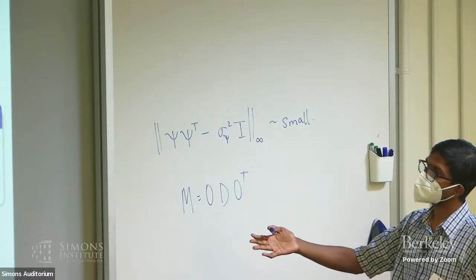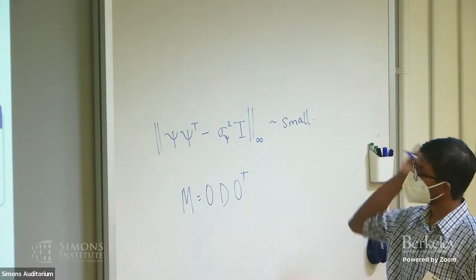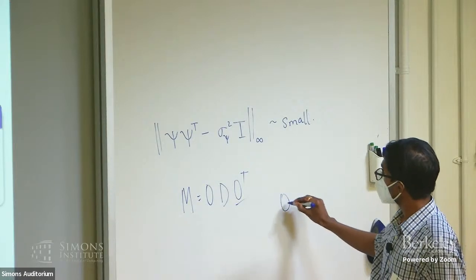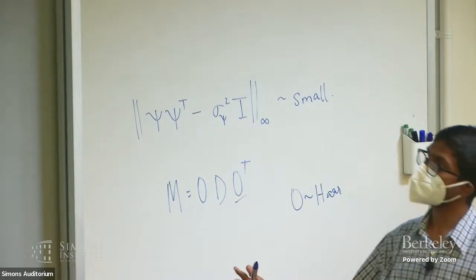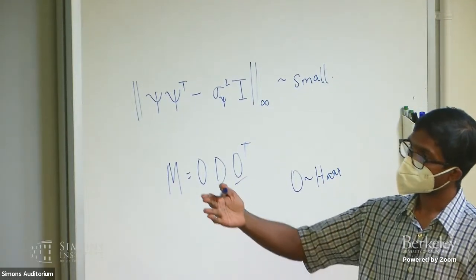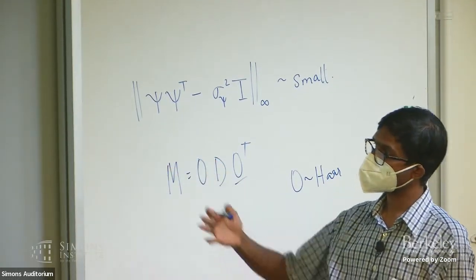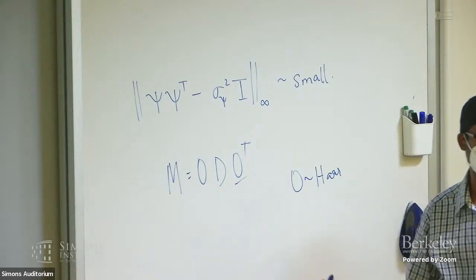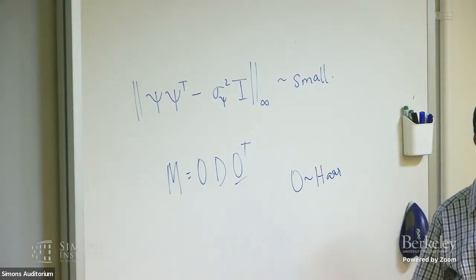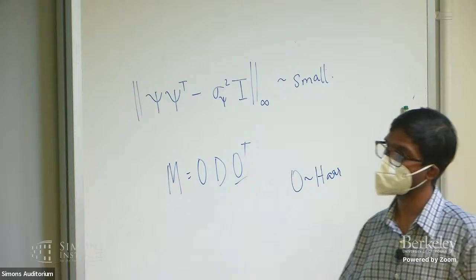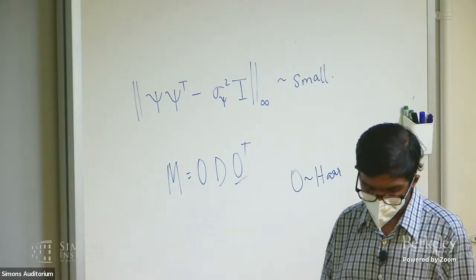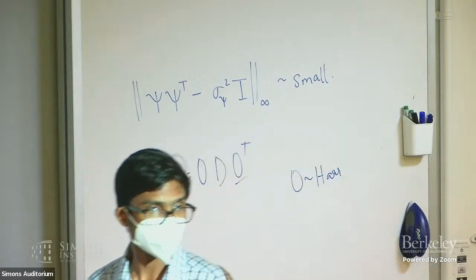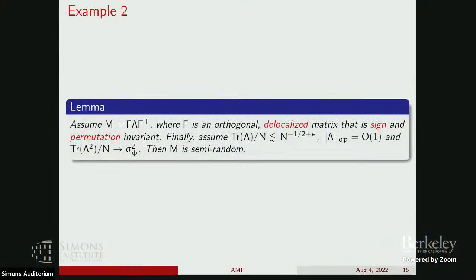So what I'm saying here is that you don't really need O to be Haar. As long as the eigenbasis is sort of a delocalized matrix, for example, if it's just sign and permutation invariant, you'll still have the same kind of properties. So Haar isn't really important. Much less randomness still will give you the same results.